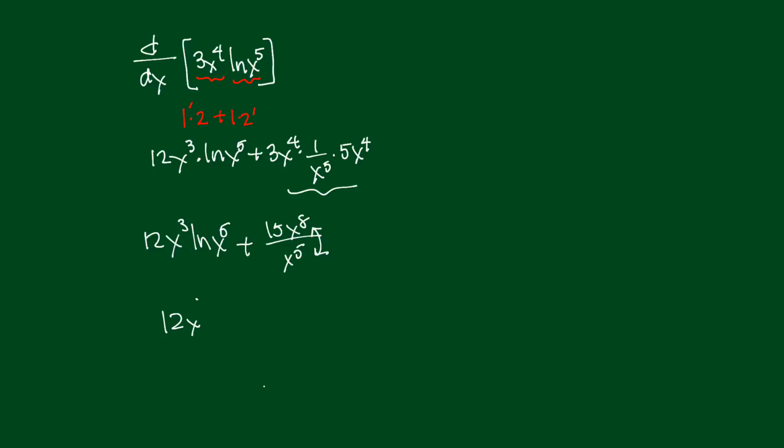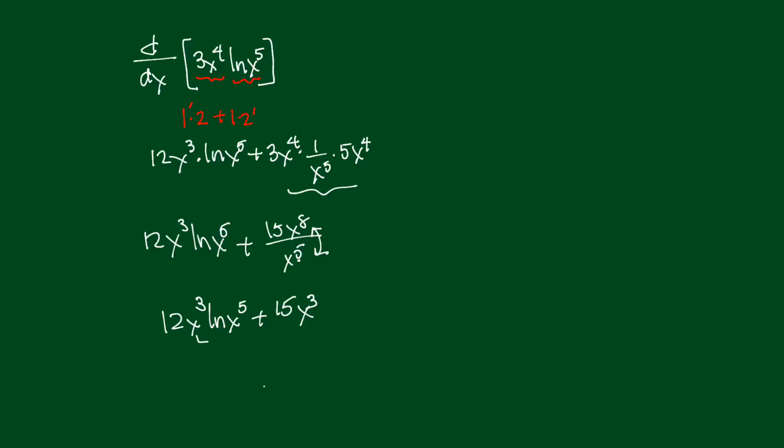So how about 12x cubed ln x to the fifth, plus 15, and then what happens here? x to the eighth is up here, x to the fifth is down here. I can cancel 5 of those 8, so this is going to be just x cubed.